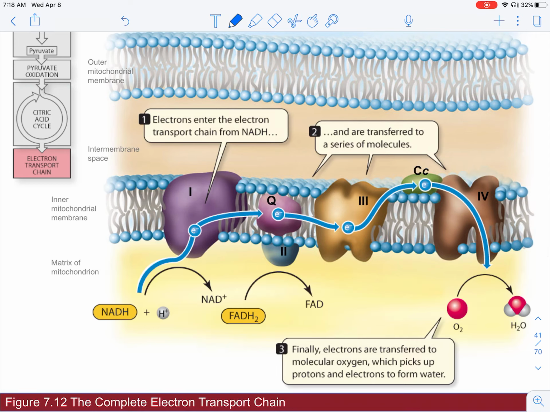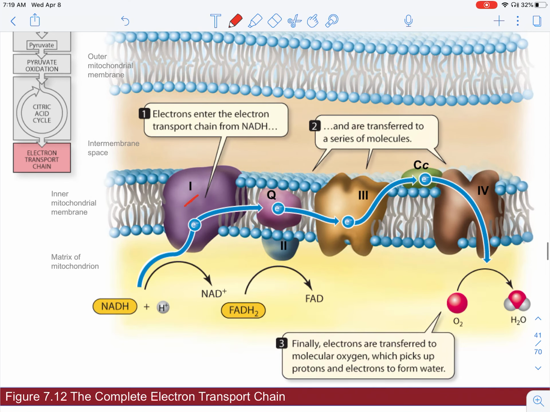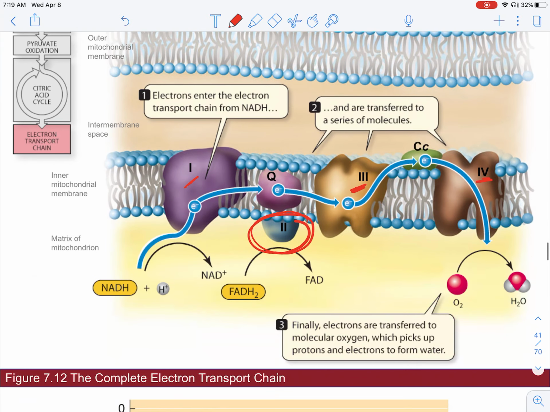This is complex 1. This is complex 2, complex 3, and complex 4. And if you look at the flow of electrons, it occurs like this. NADH passes its electrons to complex 1.